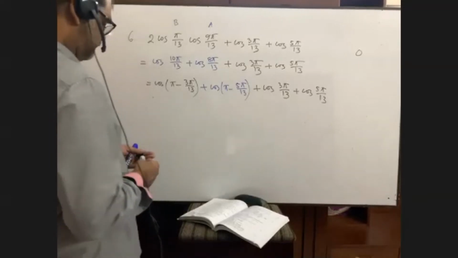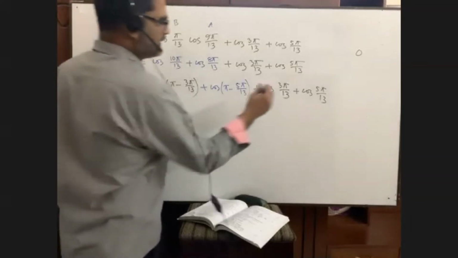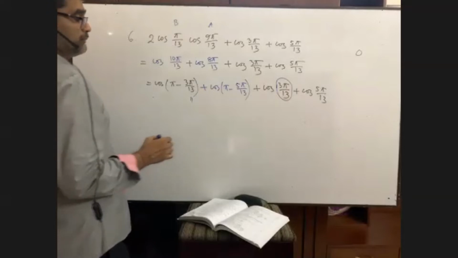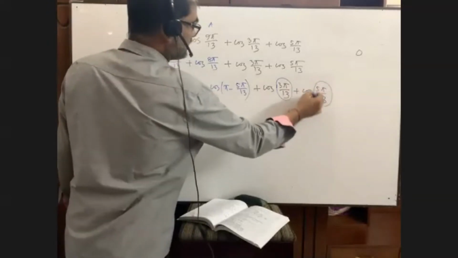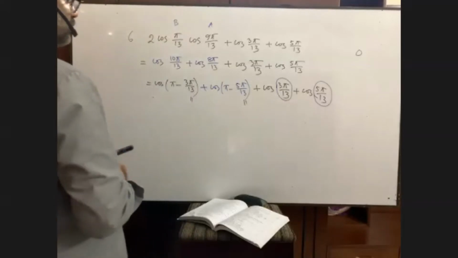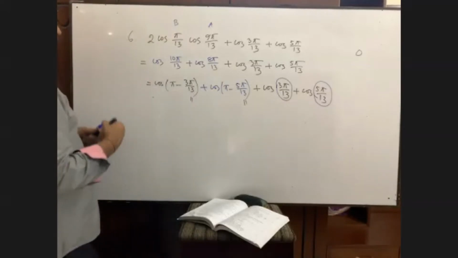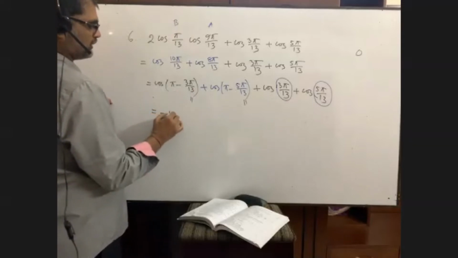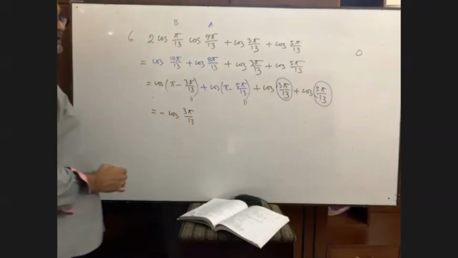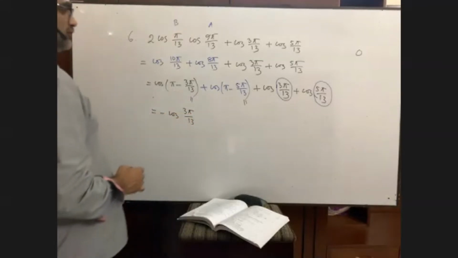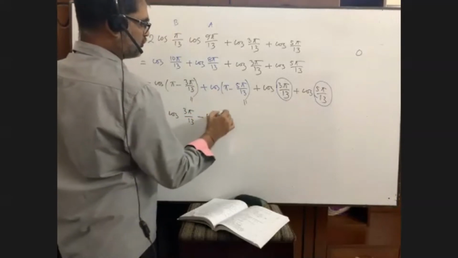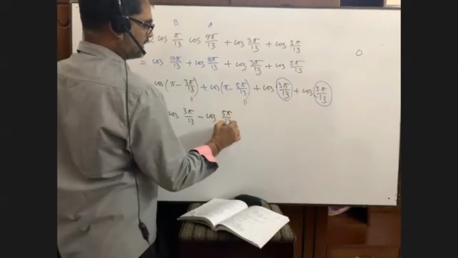Actually, I have kept in mind that there is 3 pi by 13, so it is 3 pi by 13. I have also kept in my mind that there is 5 pi by 13, so it is 5 pi by 13. Now you see it is in the second quadrant, so it will be negative: minus cosine 3 pi by 13, because in the second quadrant cosine is negative, as well as minus cosine 5 pi by 13.